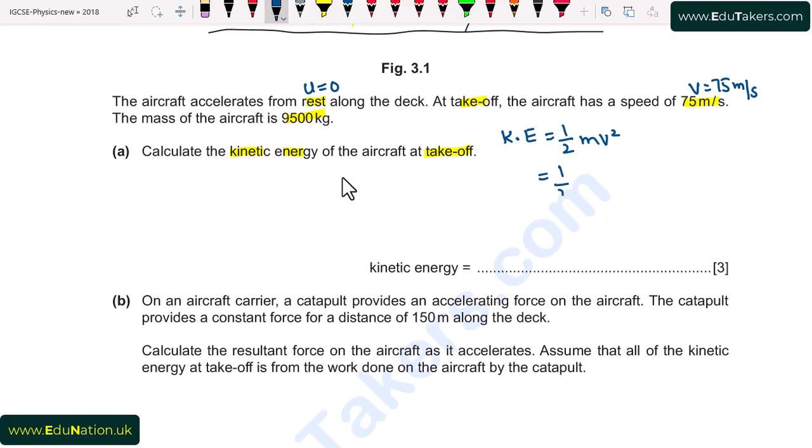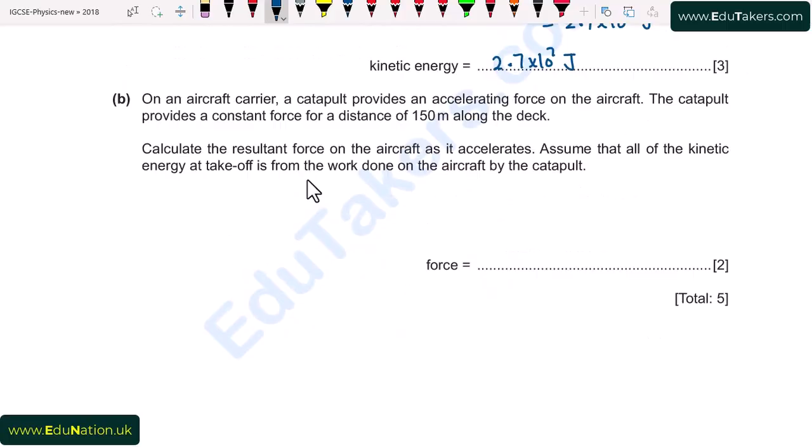So it will be equal to 1 over 2, mass is 9500, multiplied by speed 75 meters per second, because we have to find the kinetic energy at takeoff, so 75 squared. So the value of kinetic energy comes to be 2.7 × 10^7 joules.